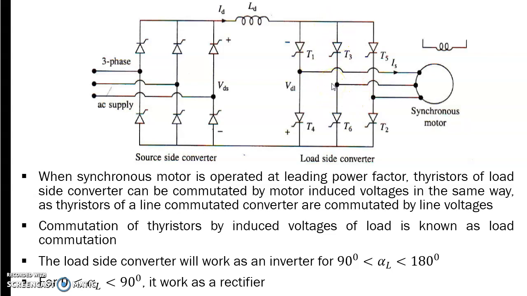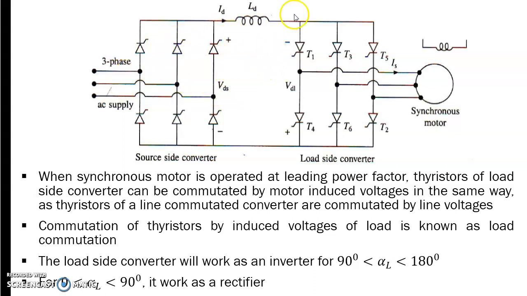And here the source side converter acts as a rectifier for a firing angle of 0 to 90 degrees. Suppose the load side converter acts as an inverter for a firing angle of 90 to 180 degrees. Then you can see that power is flowing from this side to this side. AC is converted into DC.